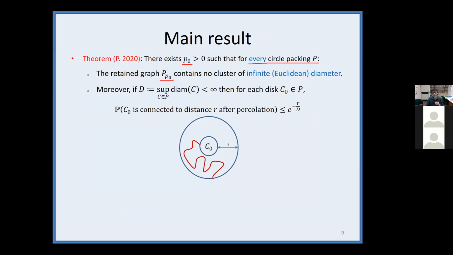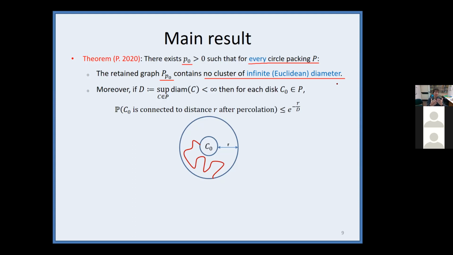If you perform site percolation on it with probability p_0, then there is no infinite cluster of infinite Euclidean diameter. What I'm saying here, I'm not ruling out infinite connected components. Maybe it has infinite connected components, but all of these infinite connected components are infinite in the sense that they go to an accumulation point.